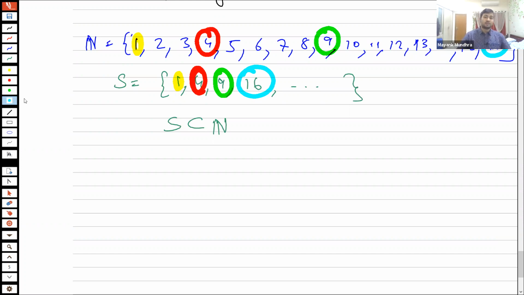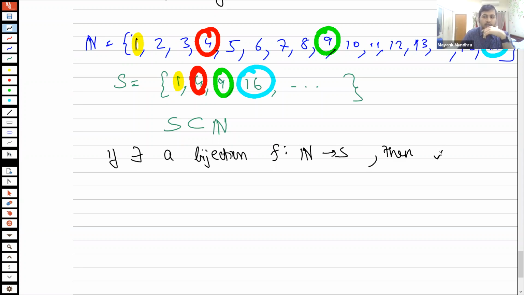So therein came the idea that if you can construct a one-to-one onto relationship from this set to this set, if there exists a bijection f going from S to N or vice versa, N to S, whatever, then essentially S and N should be of the same size.